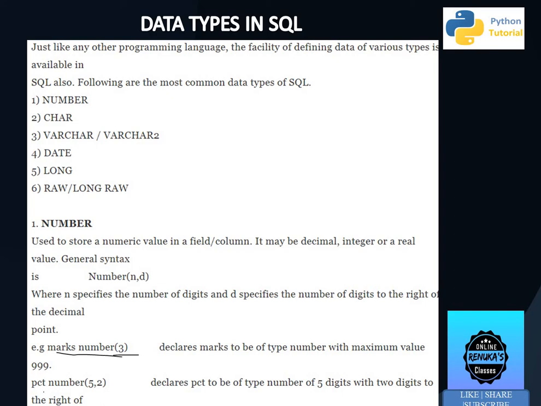And if you are saying PCT number 5,2, it means maximum 5 digits and after the decimal 2 digits. So 999.99 is the largest number which can be stored in PCT.